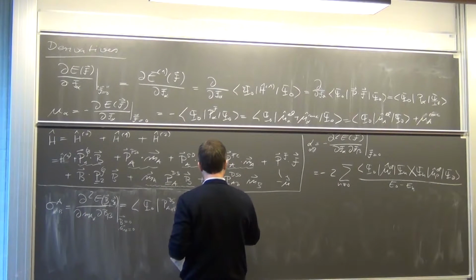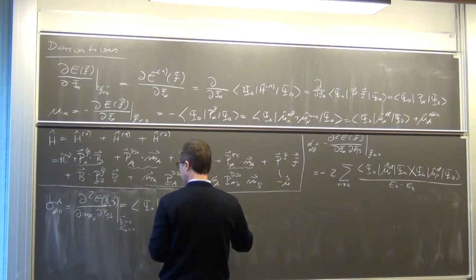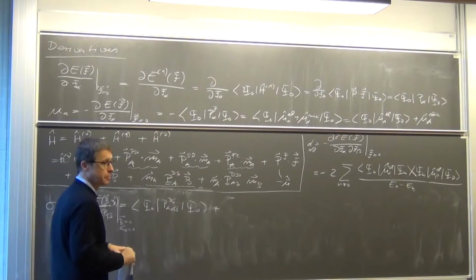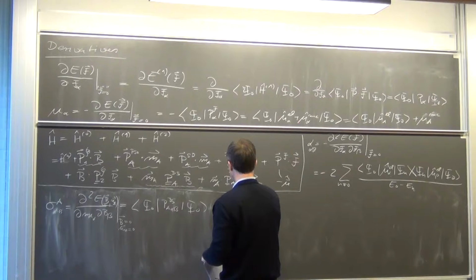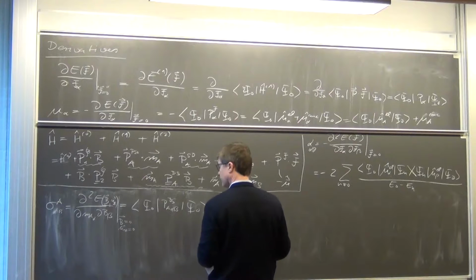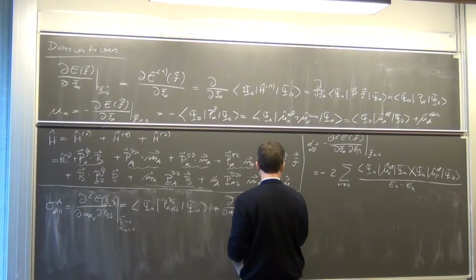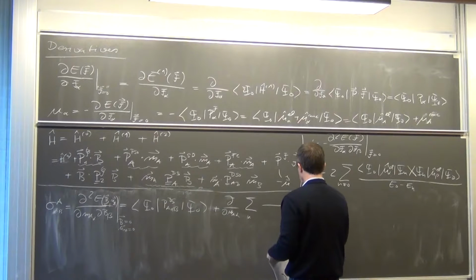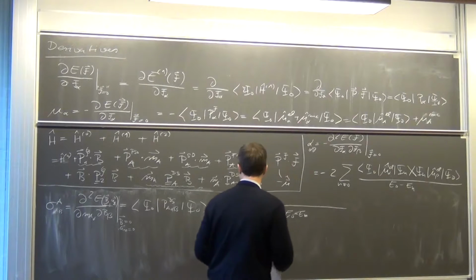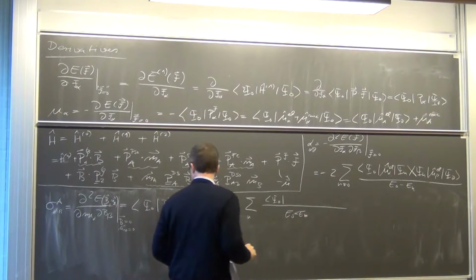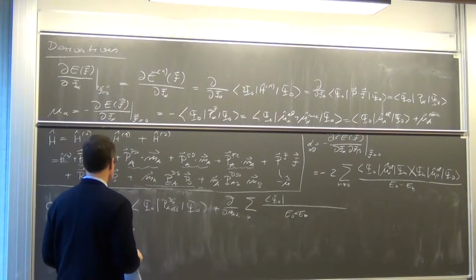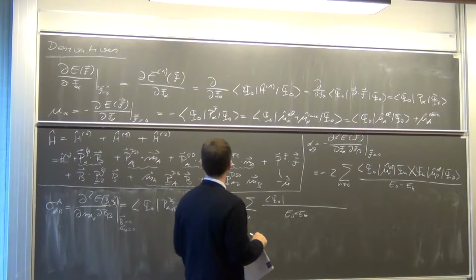So plus, let's take first the derivative with respect to a B field. I keep the derivative with respect to the alpha component of the magnetic moment. I get a sum over n. The denominator is always the same. And then I get psi 0, and I take the derivative with respect to the magnetic field now.